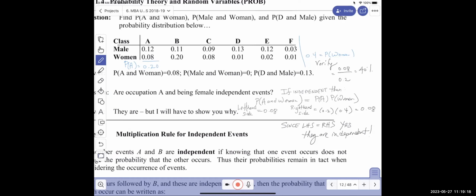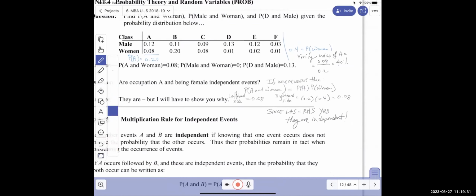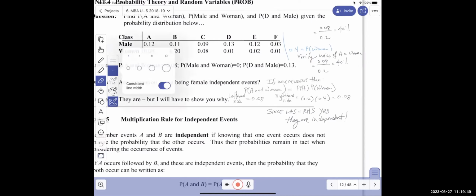So what did I do here? I'm working backwards so you can understand.